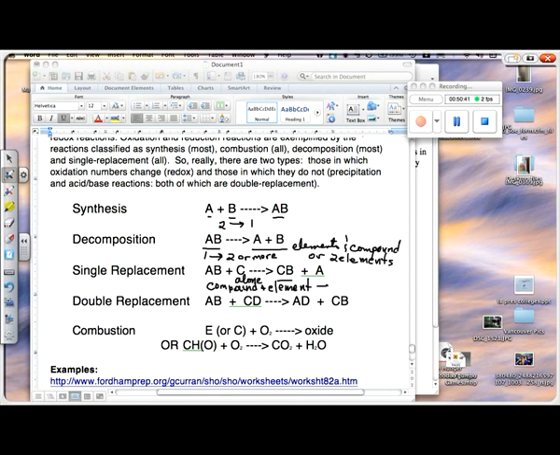You make a new compound, and one of the elements that was in that compound before is now alone. It's now the element. Double replacement, the one that we're going to talk about first, is two compounds. Always two compounds making two compounds. Okay, so they're pretty easy to recognize. All right.